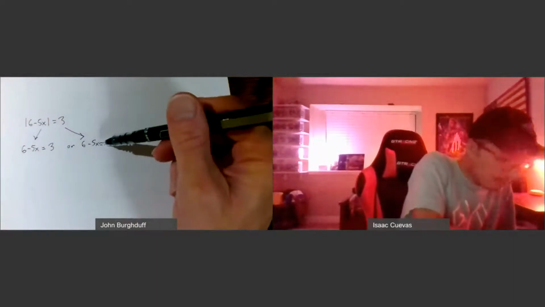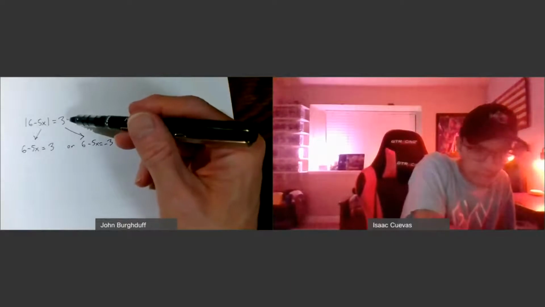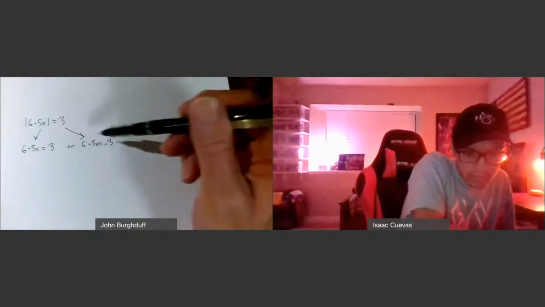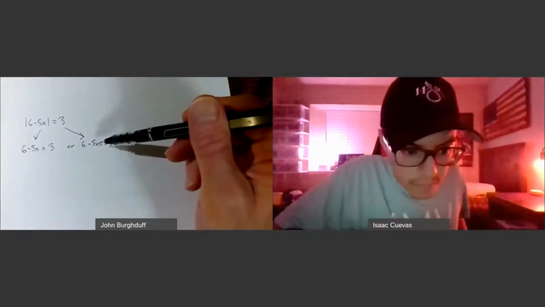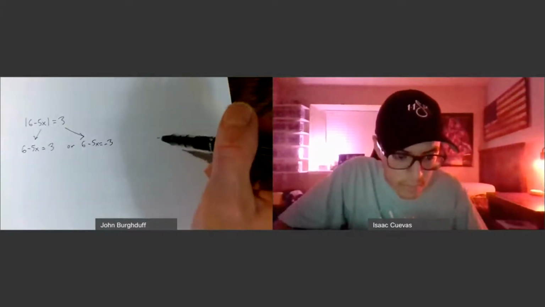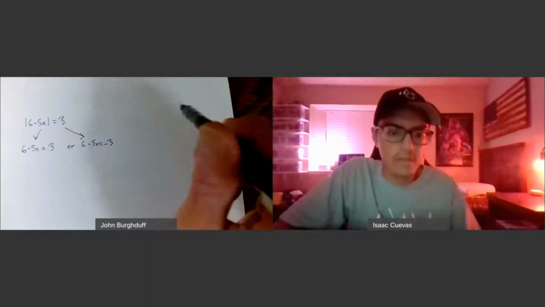Because the absolute value of -3 is still 3. There's two numbers whose absolute value would be equal to 3, either 3 or -3. So you split this up into 2, kind of like you did with the inequalities, but it's just an equal sign this time. 6 minus 5x equals 3, 6 minus 5x equals -3.